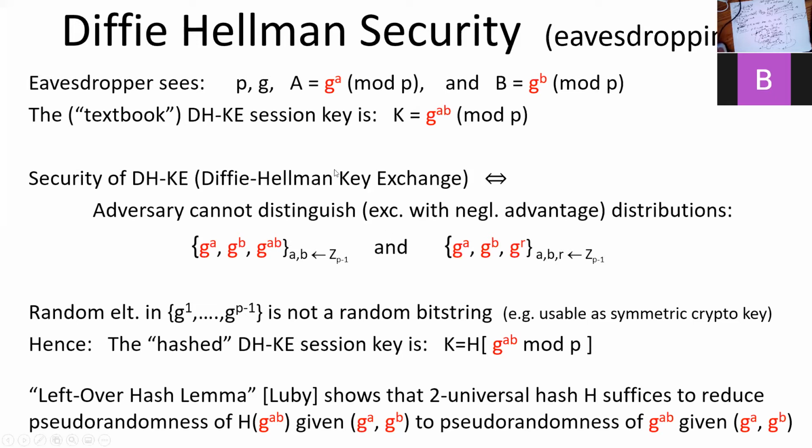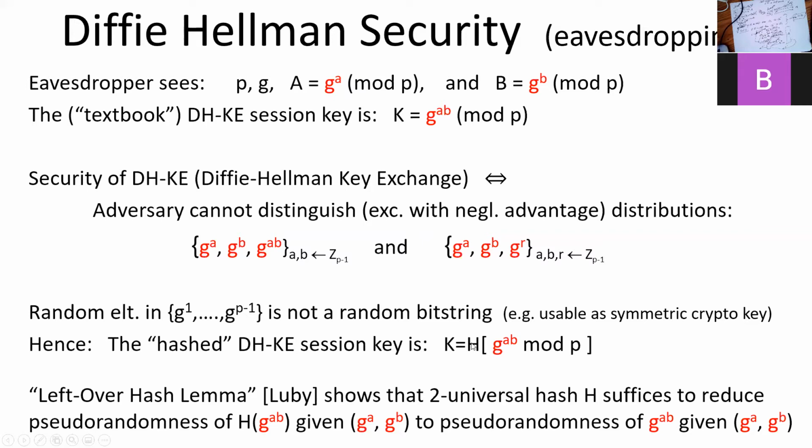This is so-called textbook Diffie-Hellman, where the key is a group element. In the real Diffie-Hellman that we use in practice, we don't use the group element itself as the key, we hash it. Technically, this can be called a hashed Diffie-Hellman key exchange. The only difference is that you take this final key and you hash it.